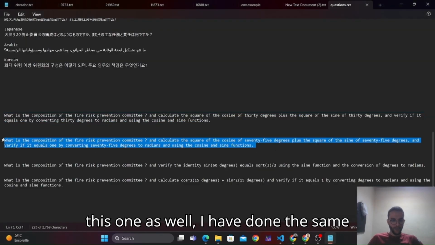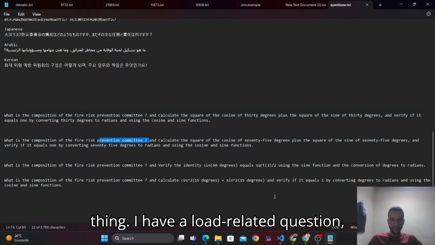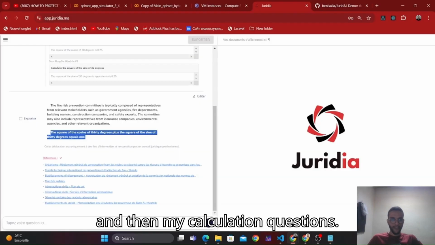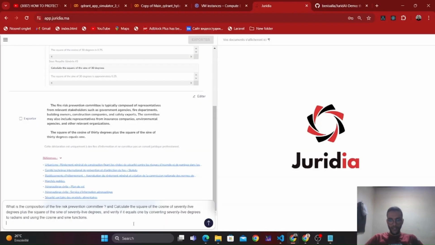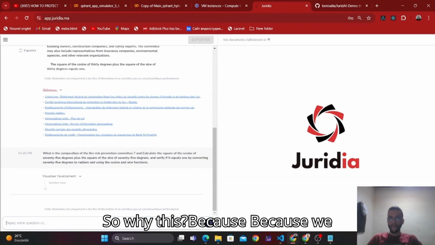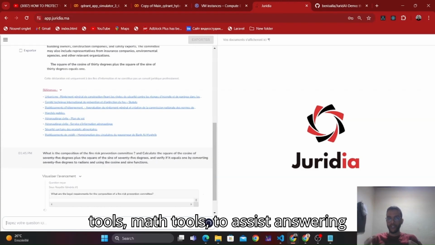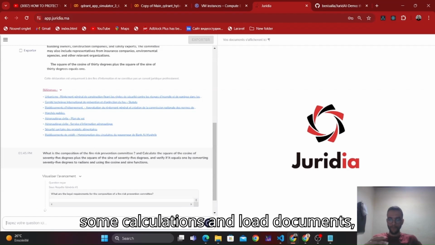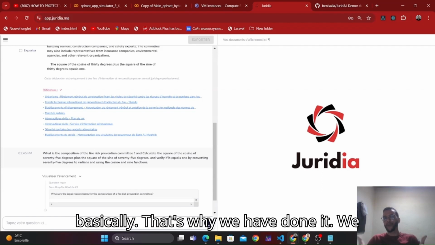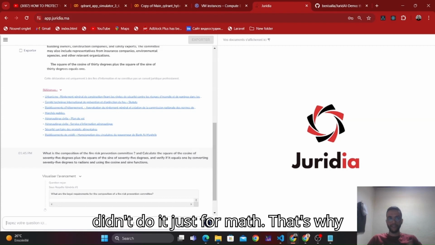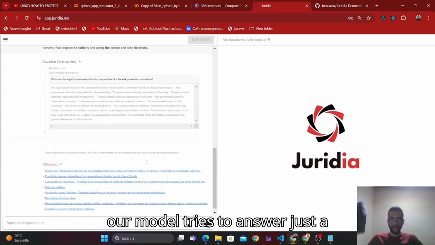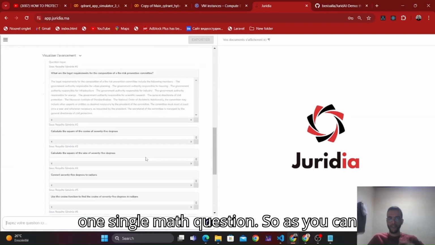For this one as well, I have done the same thing. I have a law related question and then my calculation questions. Why this? Because we built these math tools to assist in answering some calculations in law documents. We didn't do it just for math. That's why our model struggles to answer just one single math question.